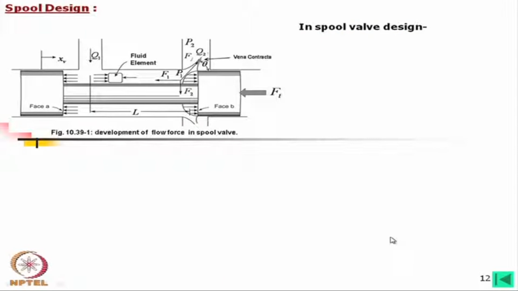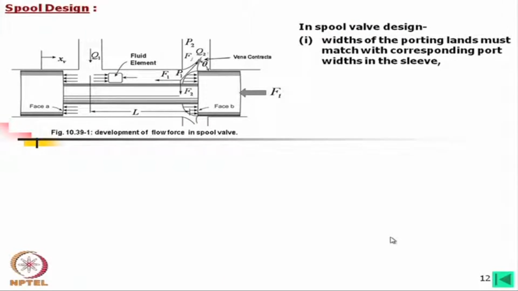Now, in spool valve design, one, widths of the porting lands must match with the corresponding port widths in the sleeves. Importantly, say for example, it is a critical center valve. In that case, this width must be equal to width of this land. And critical center valve is preferred due to the quick response time over the null point.